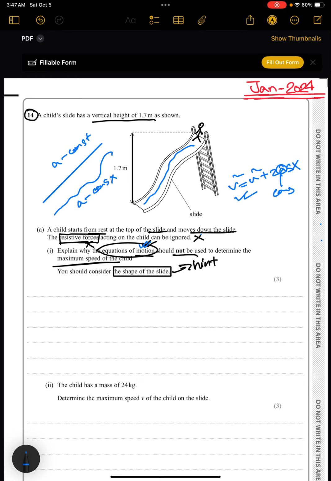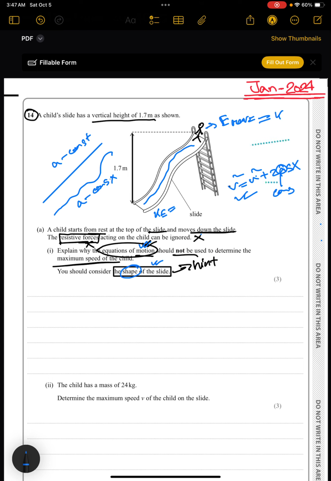But as the shape of the slide is not vertical, they have said about the shape, so we cannot use this v square is equal to u square plus 2as formula. We have to use another formula. Whenever something is at a height above the ground, it has a gravitational potential energy, and the gravitational potential energy here will be equal to the kinetic energy when it will be sliding down.